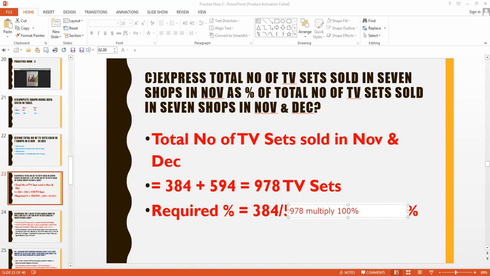What is the answer? It is equal to 16.97%. Clear to all? Total number of TV sets sold in November and December, and then you have to take its required percentage. 384 divided by 978 multiplied by 100%. So answer is 16.97%. Clear to all?